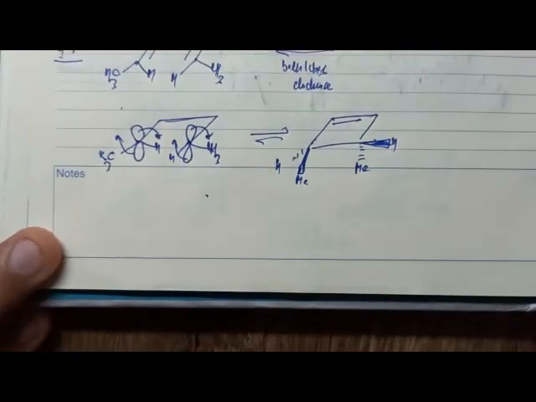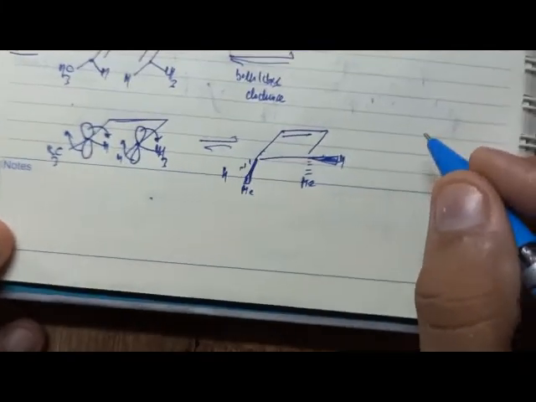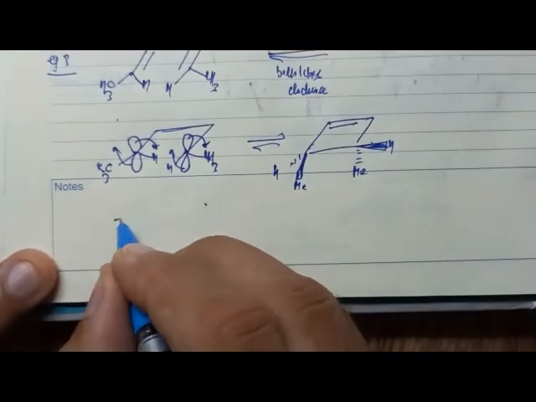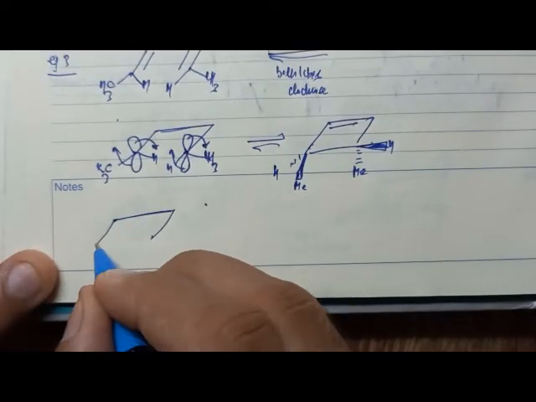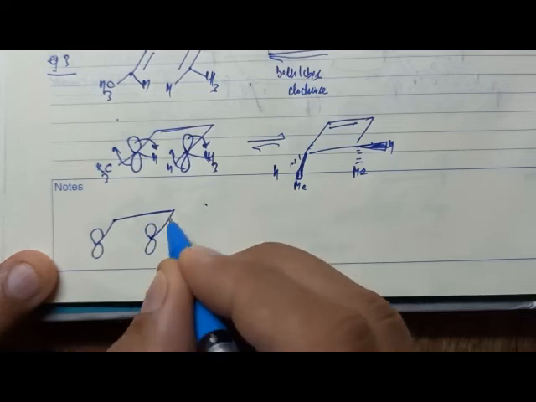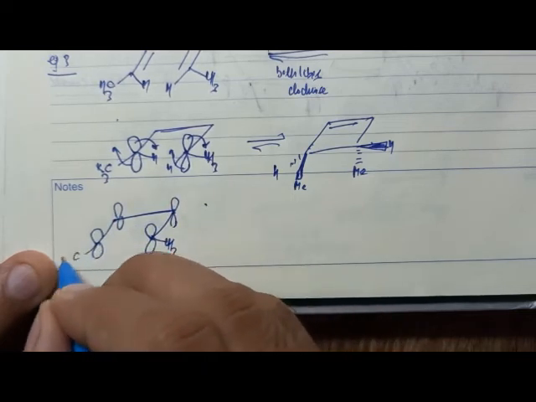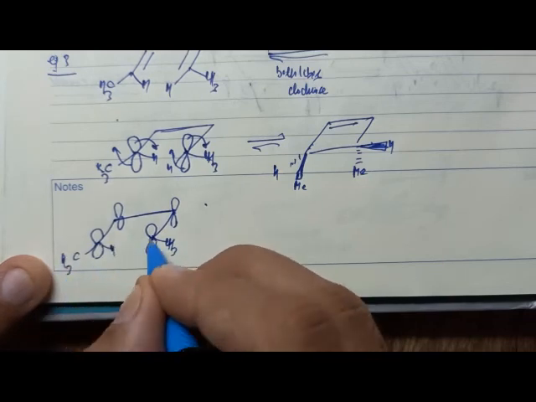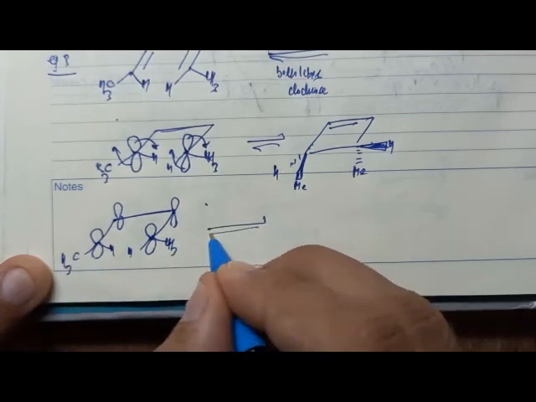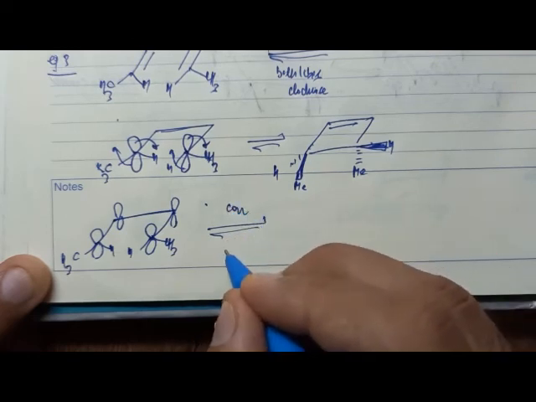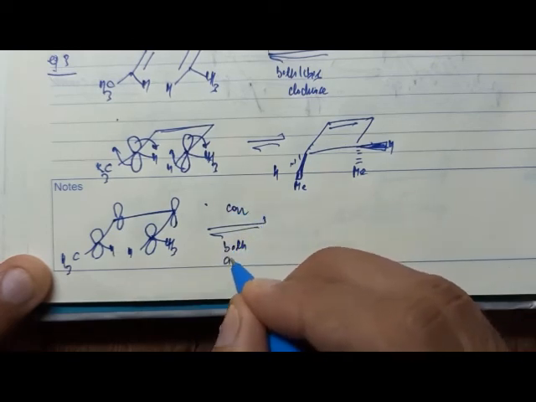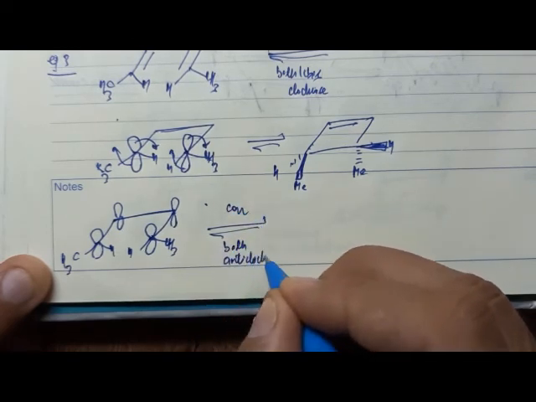Here the lobes were moving in a clockwise direction. The second possibility is when both the lobes move in an anti-clockwise direction. Methyl here, hydrogen here, since it is conrotatory, both move in an anti-clockwise fashion.